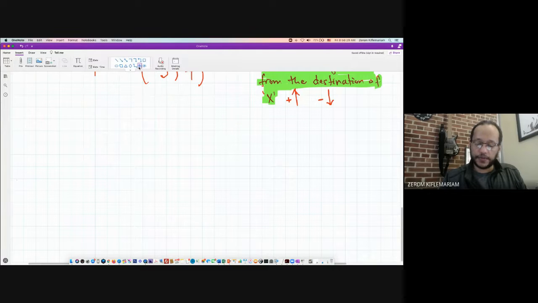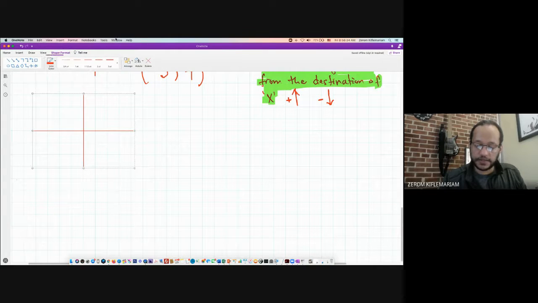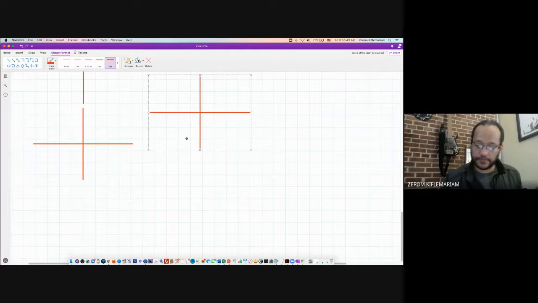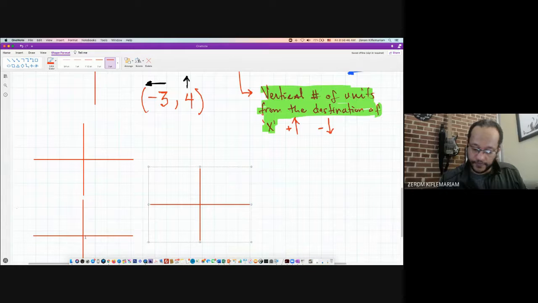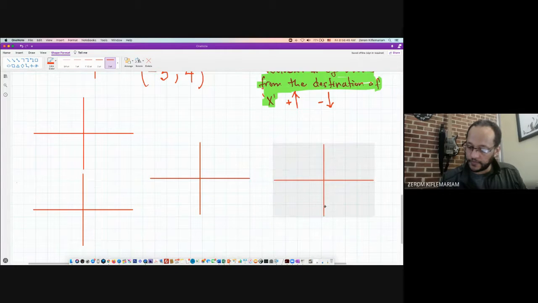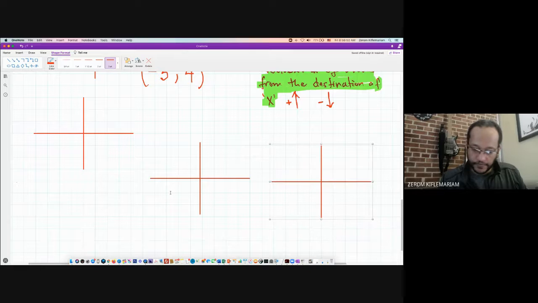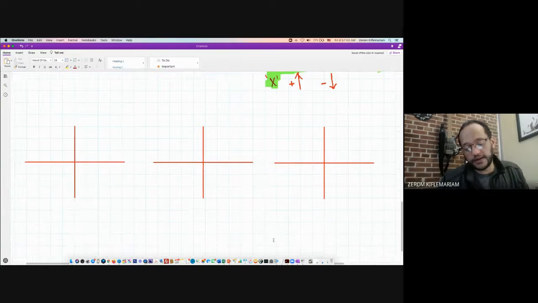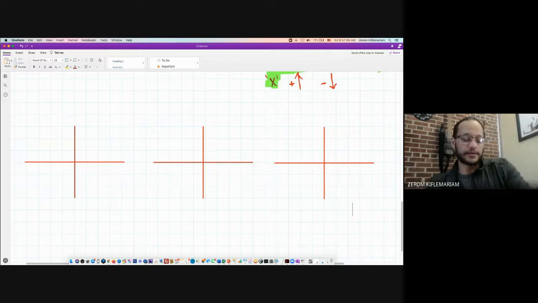I'm hoping these grids are visible to you guys. The way to read a rectangular coordinate system depends.